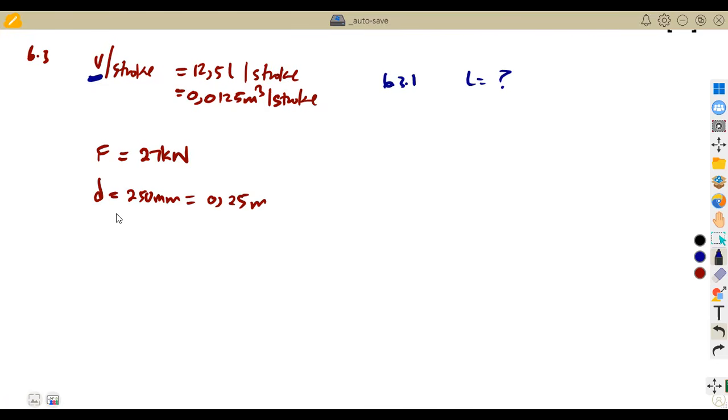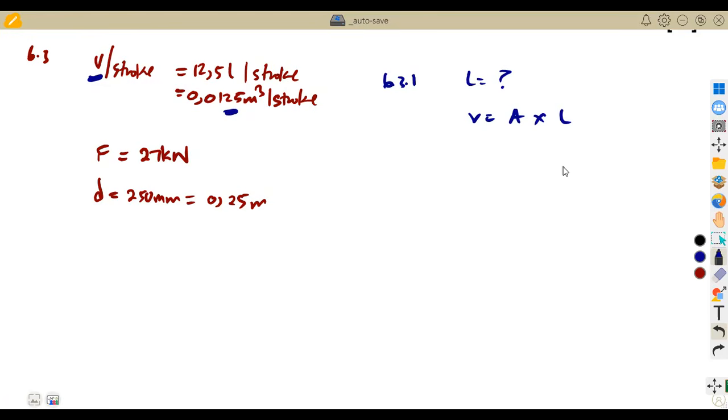I talked about this on the first question, where I said the volume was simply the area times the stroke length. Because the volume is taken per stroke, what is going to be the length of the stroke when taken per single stroke? That is the question then.